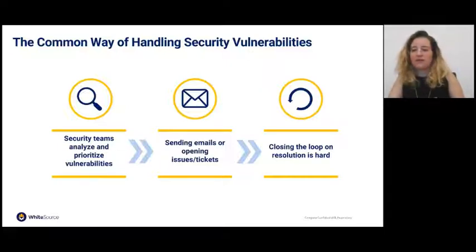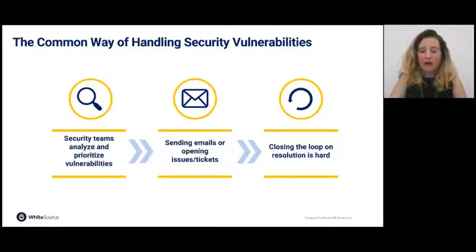They look at different reports, they can look online, maybe they have all kinds of systems, like static analysis systems, that they are looking into, and they try to understand and analyze each one of the security vulnerabilities. Then the next step would be to either send an email or open a ticket to the developer to actually remediate or resolve the vulnerability.